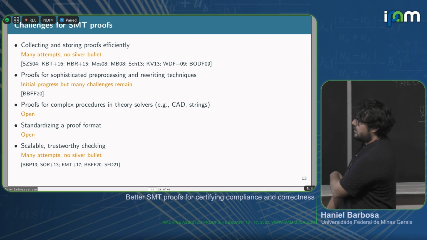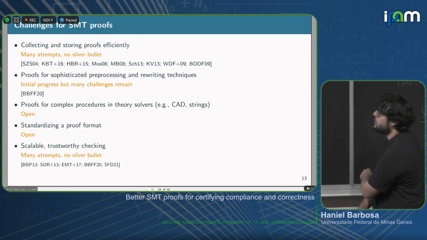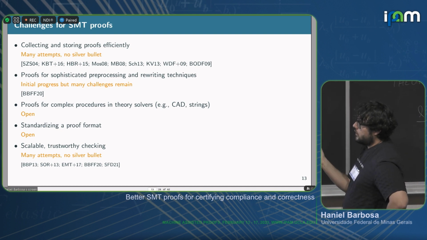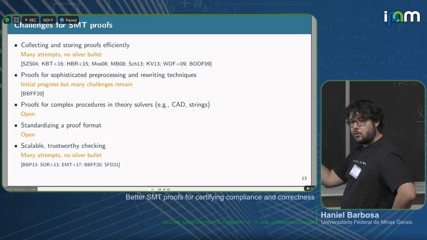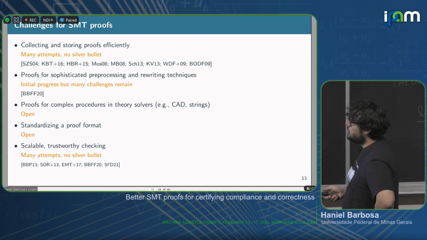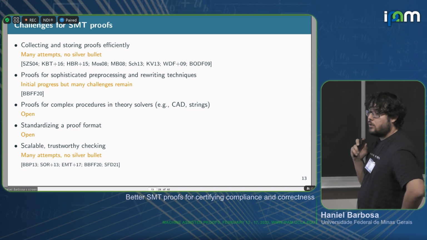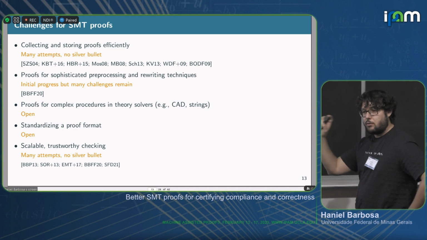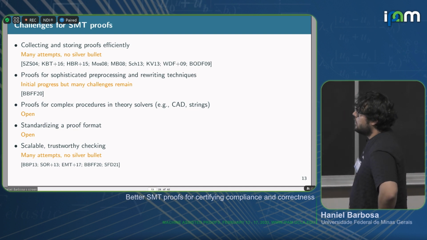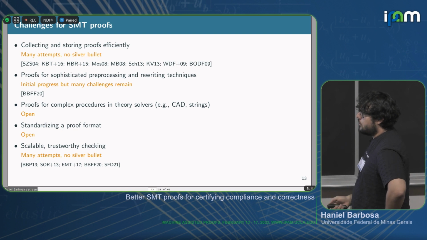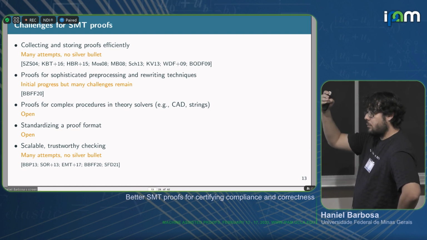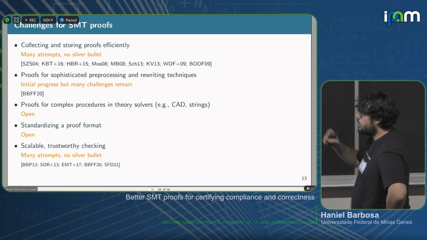The difficulty, as I have tried to hint, is that an SMT solver has a lot that goes into it, because you have all these different components communicating, so it's very difficult to collect and store information efficiently to keep track of everything that you have done during solving. Moreover, there are things that are very hard, like preprocessing and rewriting, which simplify the problem before you actually solve it.